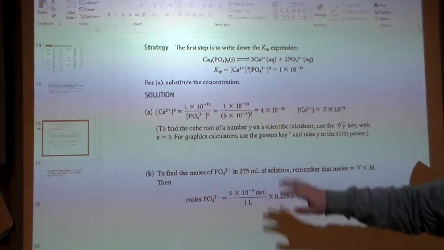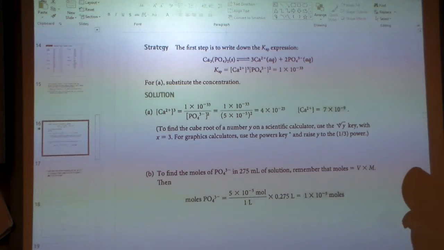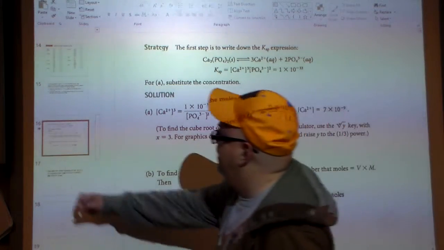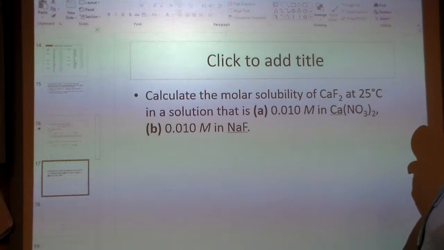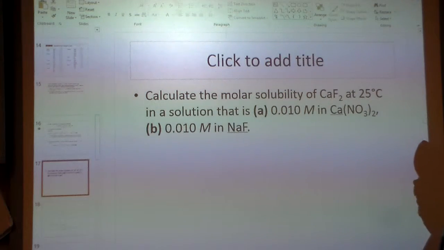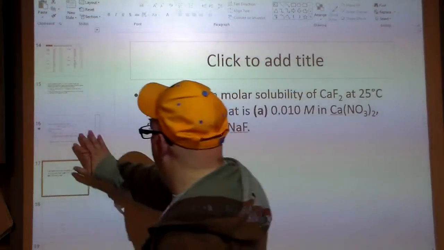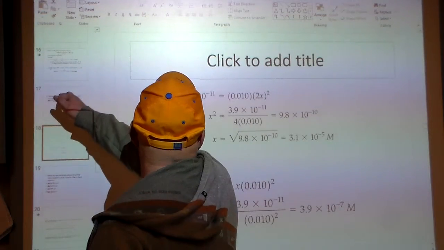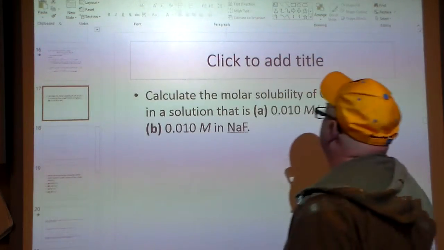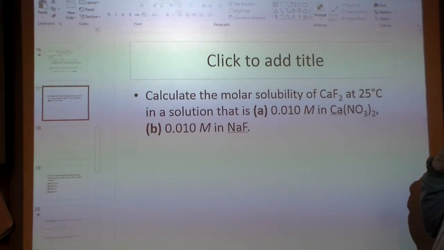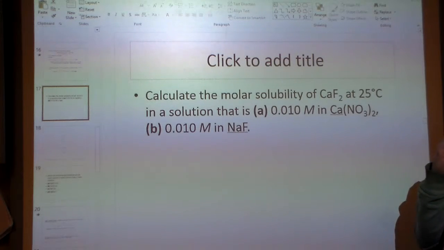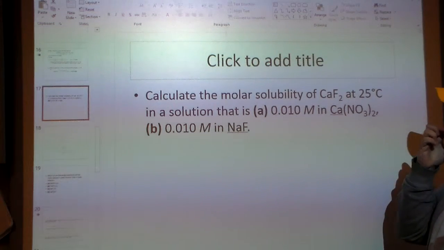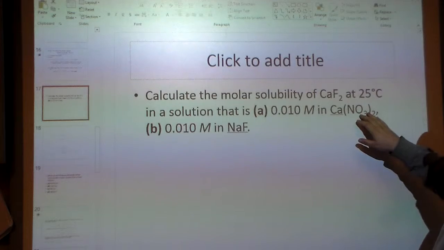And again, it shows you how to work on that, how to put that through. I'm trying to calculate the molar solubility. So for this one you have two situations where you're looking at the molar solubility of calcium fluoride in a solution that contains 0.1 molar calcium nitrate.